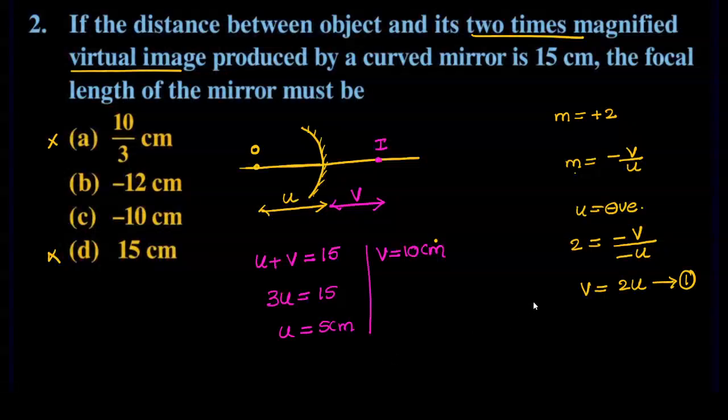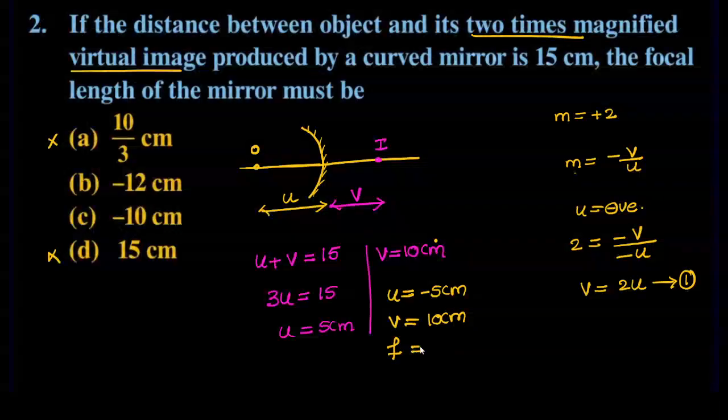Next, find the focal length from this. When substituting in the formula, u is equal to -5 and v is equal to +10, with sign conventions. And the focal length we need to get.